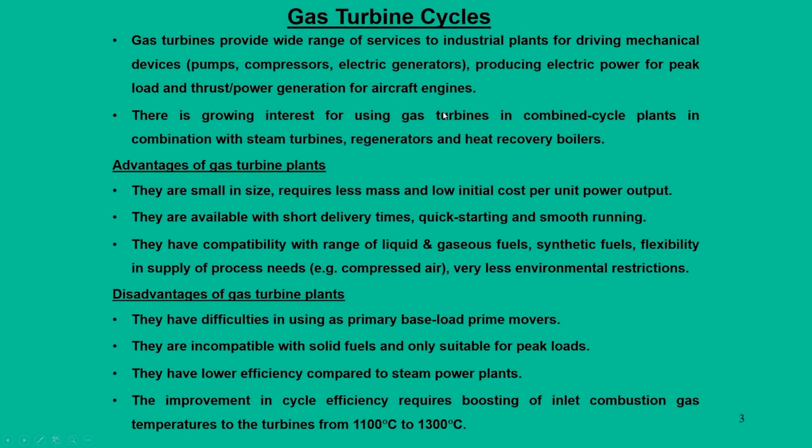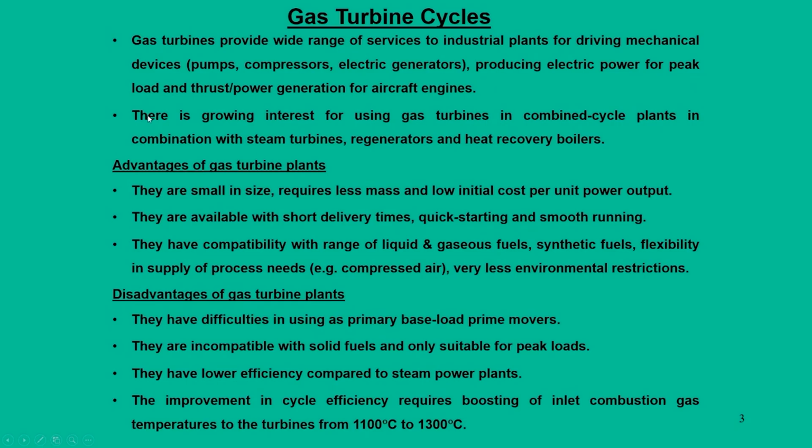Just to give a brief introduction of gas turbine cycles: gas turbines provide a wide range of services, mainly for industrial plants, for driving mechanical devices like pumps, compressors and electric generators. They are also capable of producing electric power for peak load requirements.